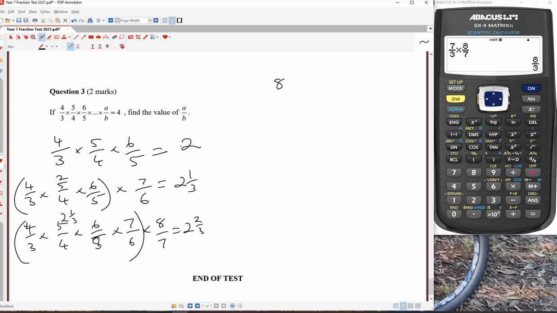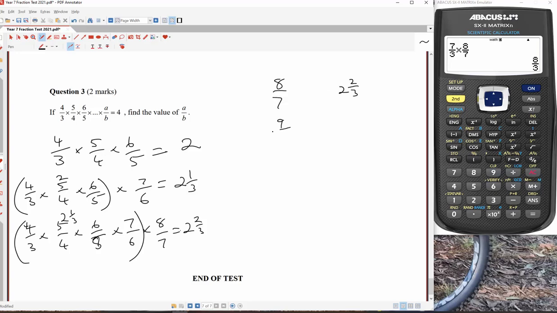So what seems to be happening here is the pattern is for every term that's added, it increases the total by an additional 1/3. So 8 on 7 gets it up to 2 2/3.